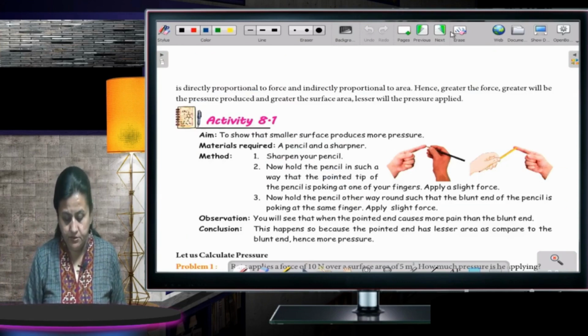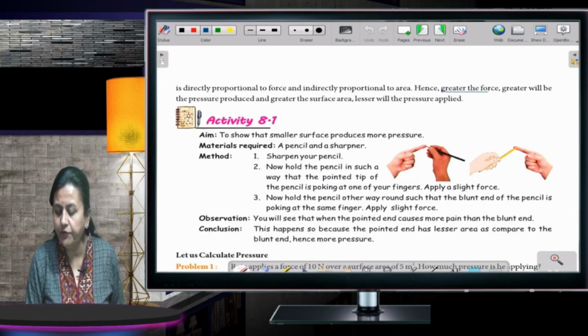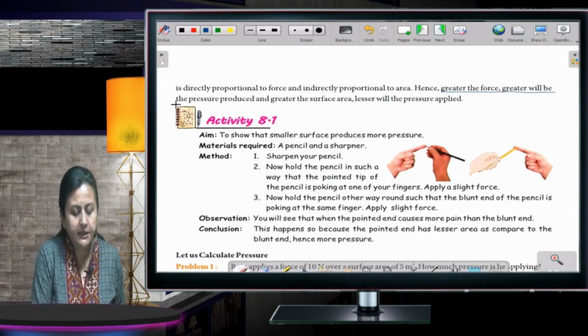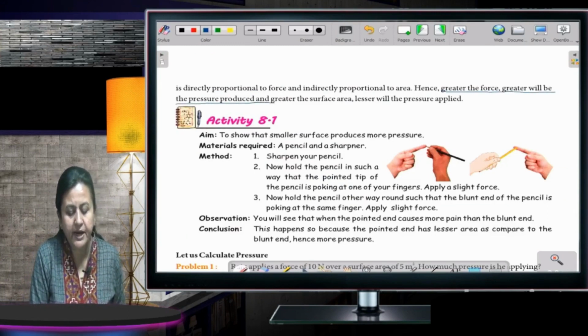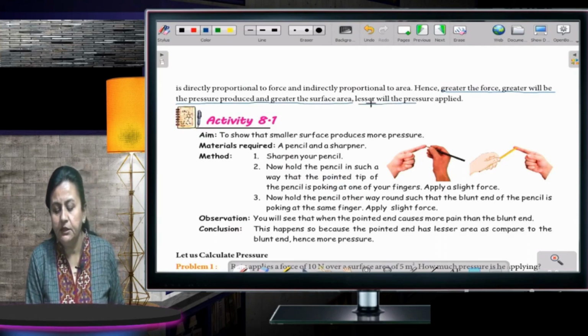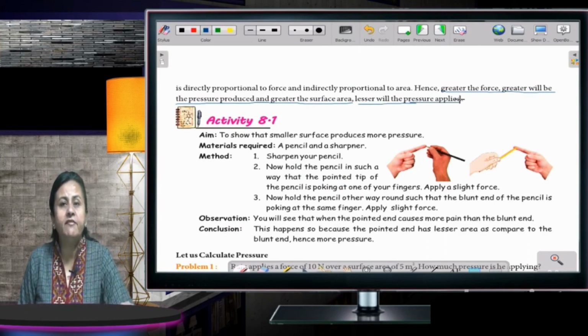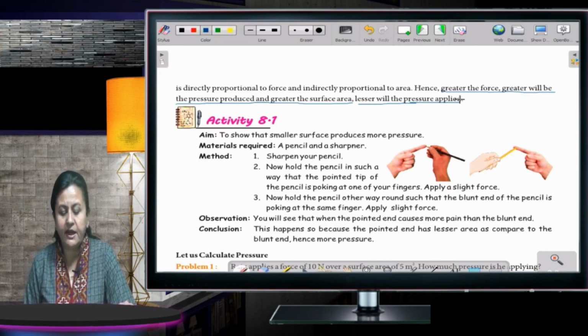Greater the force, greater will be the pressure produced, and greater the surface area, lesser will be the pressure applied. Now, I will explain this with a beautiful example. The example is to show that smaller surfaces produce more pressure.